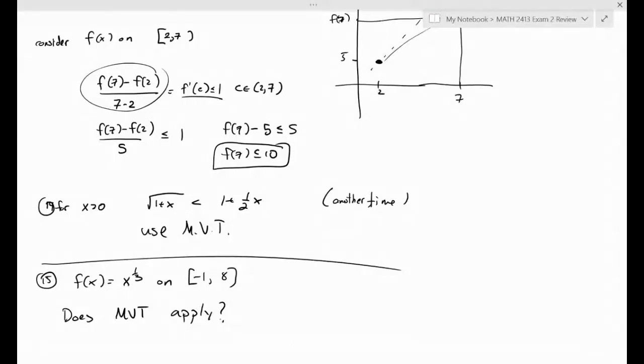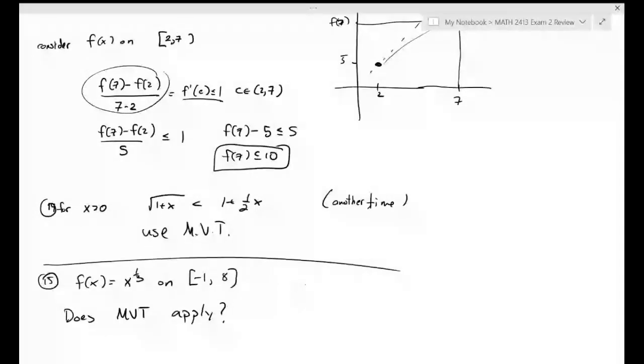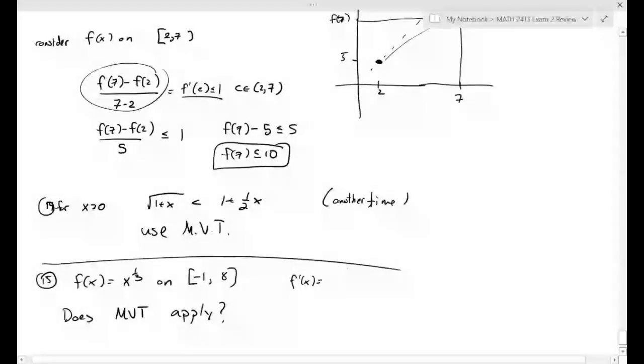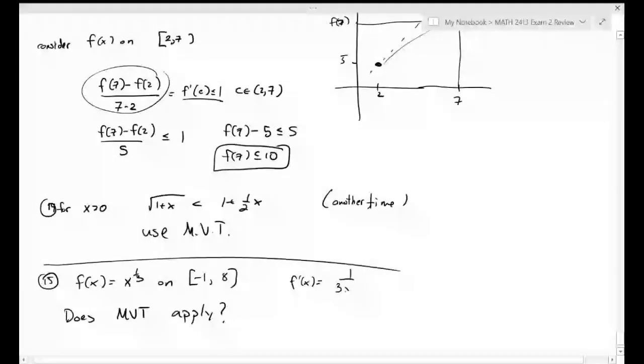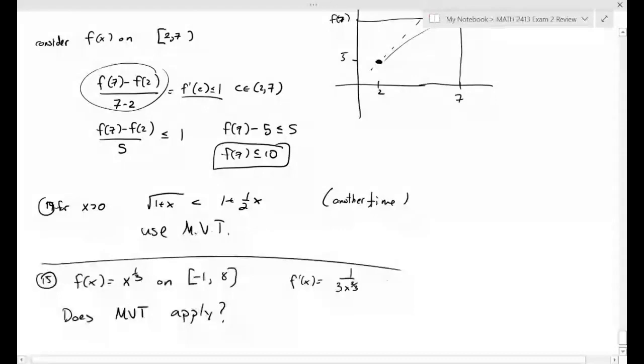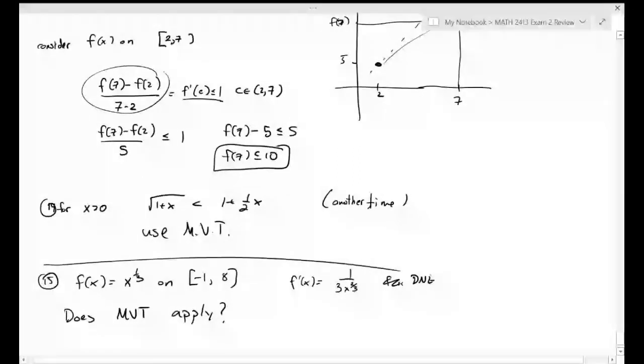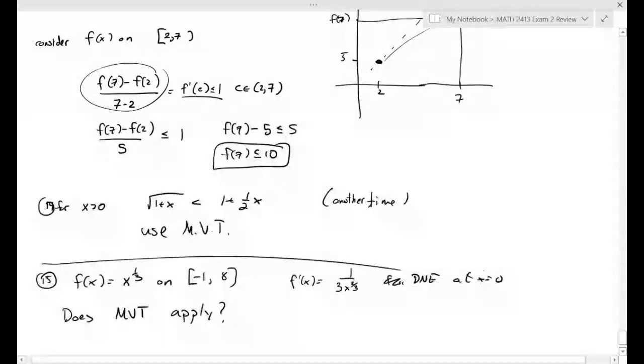I mean, the function is continuous everywhere. No, it's not differentiable at 0. If you actually bother to write down the derivative, you figure out that you might get a 0 in the denominator, right? So f is not differentiable. This derivative does not exist at x equals 0, and that's in our interval. So the mean value theorem does not apply.